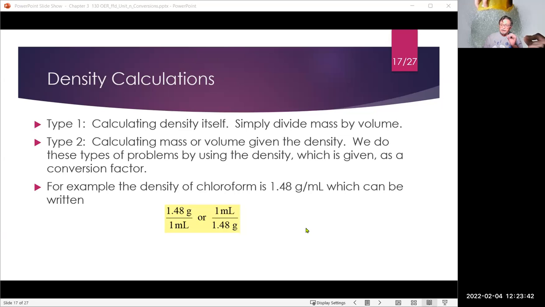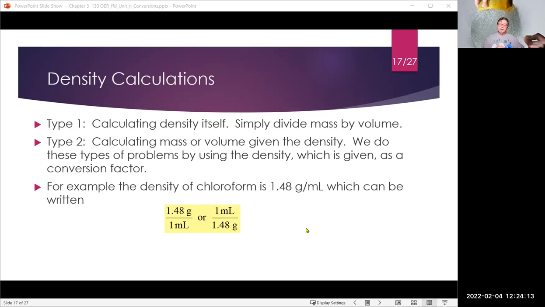Now, that particular ratio is a measurement, keep that in mind. All densities are measurements and therefore could play a factor with respect to sig figs at the end of the day when you do your calculation. But that ratio, like any ratio we work with, can be written with grams in the numerator or grams in the denominator. So 1.48 grams divided by 1 milliliter or 1 milliliter divided by 1.48 grams.